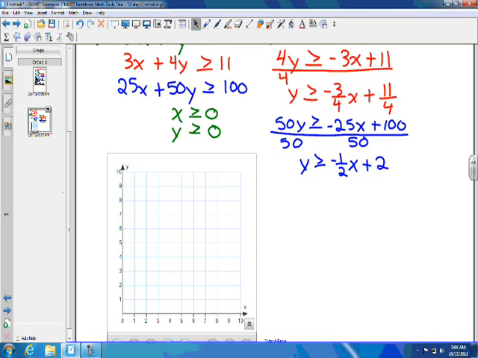Then hit your y equals. Actually, go back to your window, keep your x min and your y min at 0, so it just has this first quadrant.